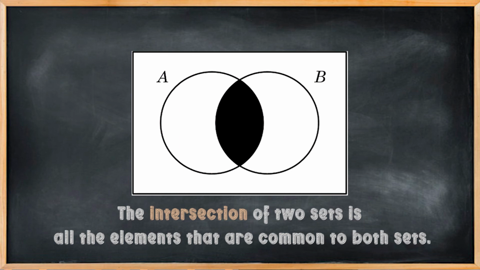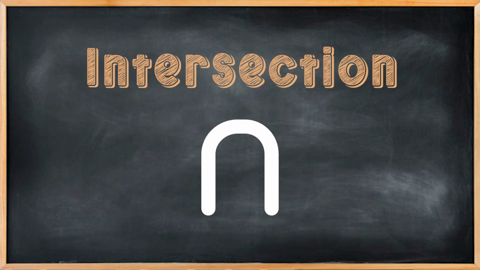The common members would be in the center of the two sets. The symbol for intersection is. So, boys and girls, today we would have learned about union and intersection of sets.